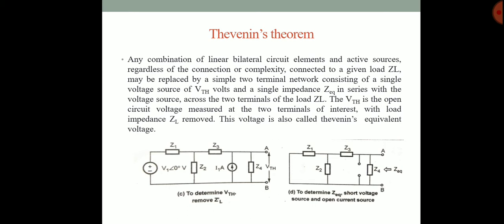The equivalent impedance is that of the given network viewed through the terminals where the load impedance is connected, with the load impedance removed and all the active sources replaced by their internal impedance. If the internal impedances are not known, the independent voltage sources are replaced by a short circuit, while the independent current sources must be replaced by an open circuit.